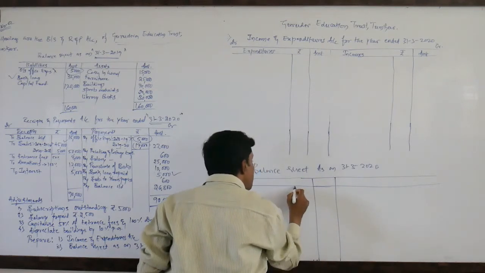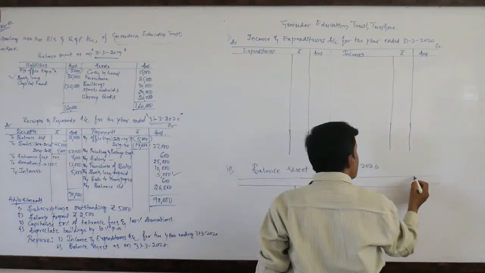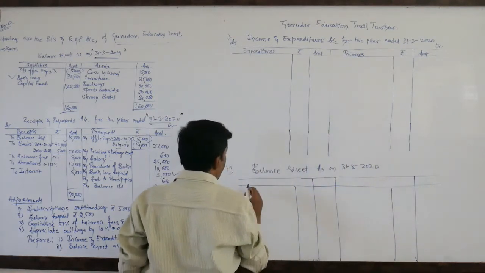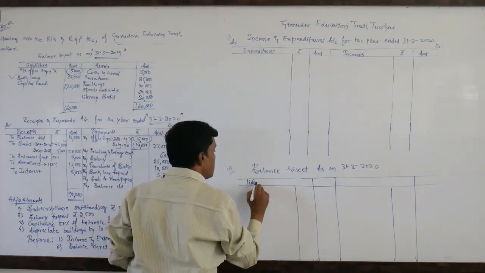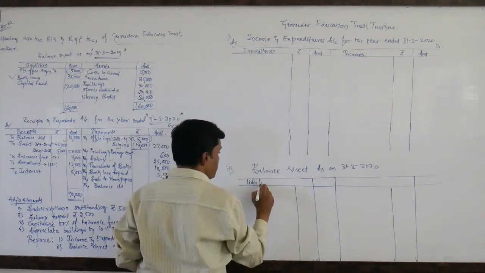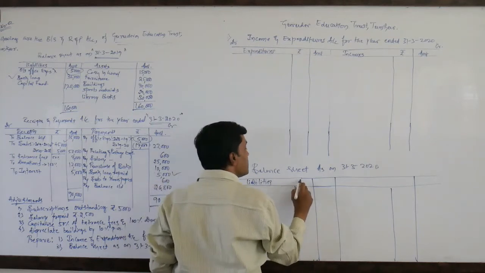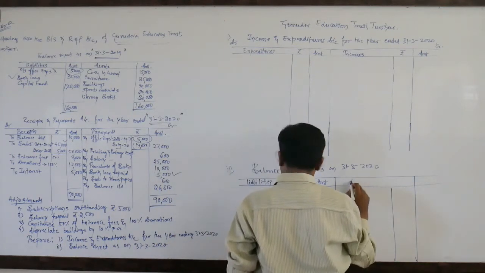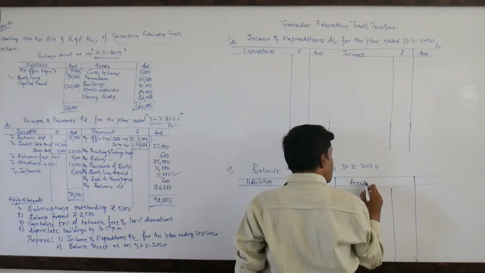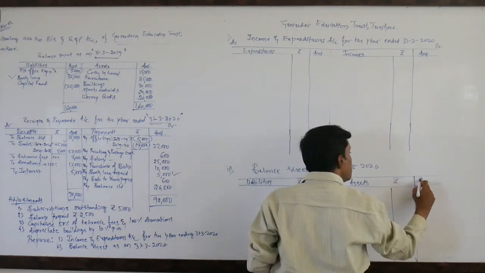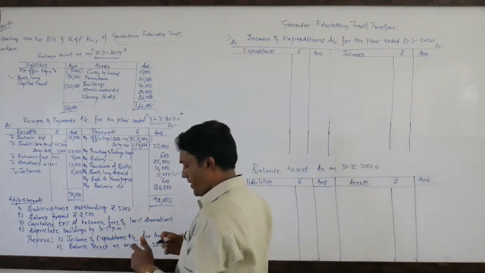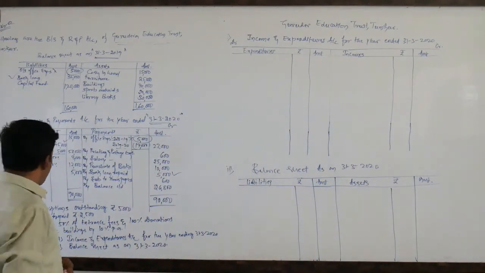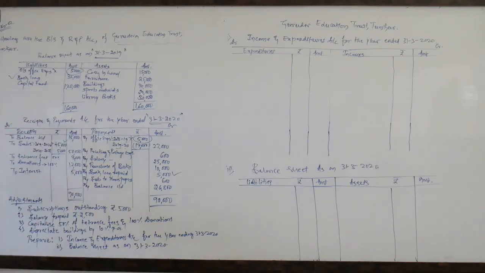It contains liabilities as well as the assets, liabilities, assets, rupees, amount. Okay, I would like to solve this problem along with the adjustments.